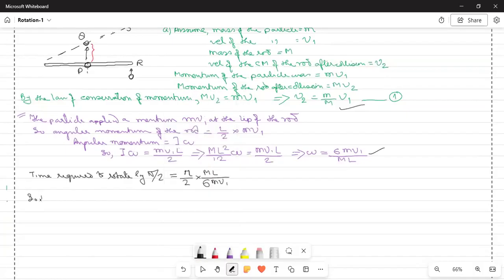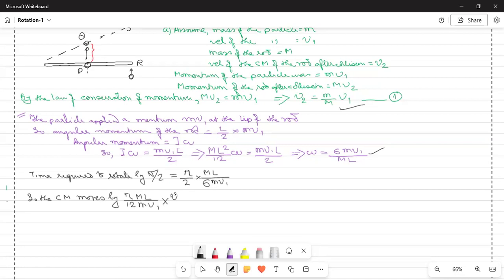So the center of mass moves by, the time is given as pi M L divided by 12 small m v1, and the velocity v2.